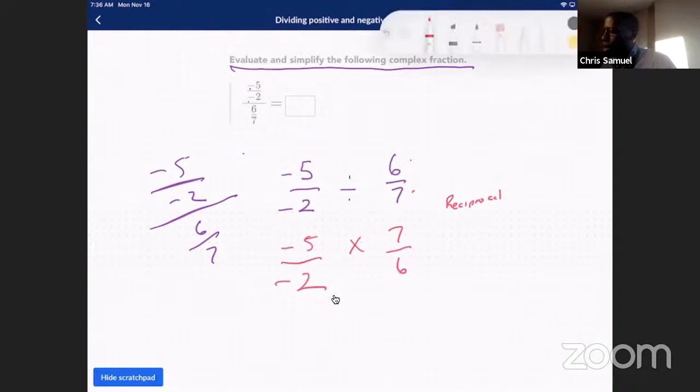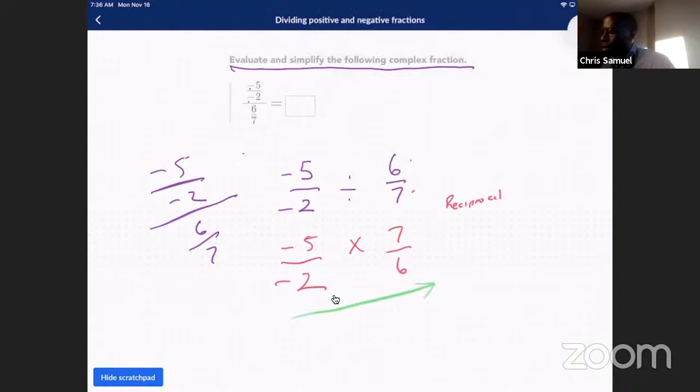And then we're going to try to solve. Negative 2 times 6 is negative 12. Negative 5 times 7 is negative 35. And I think that would be something good. Now we have to simplify, right?